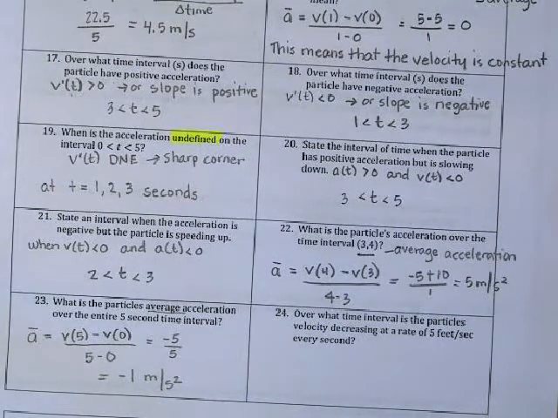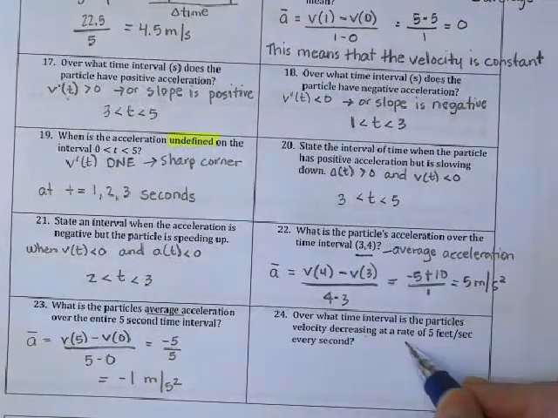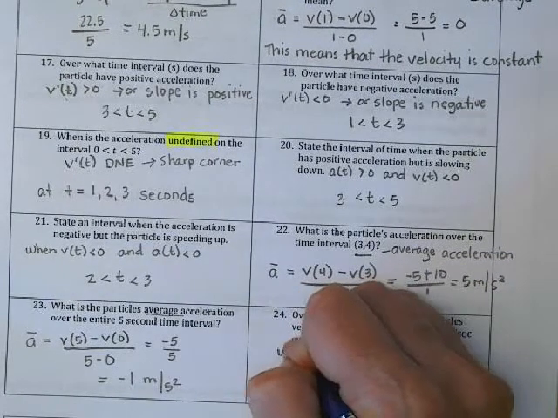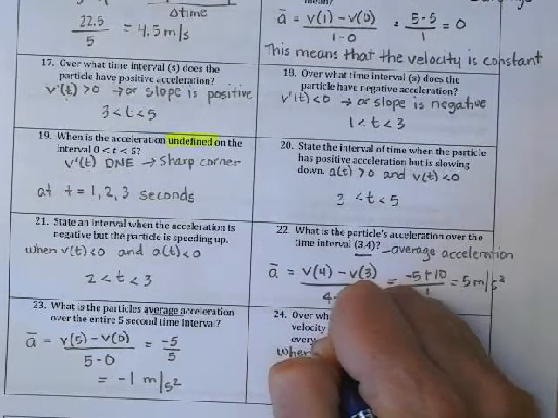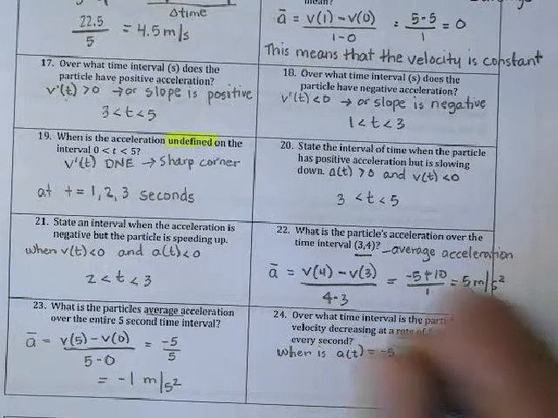Okay, and over what time interval is the particle's velocity decreasing at a rate of 5 feet per second every second? So it's decreasing at a rate of 5. They're saying, when is the acceleration equal to -5?